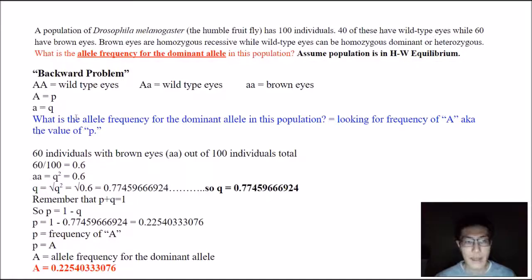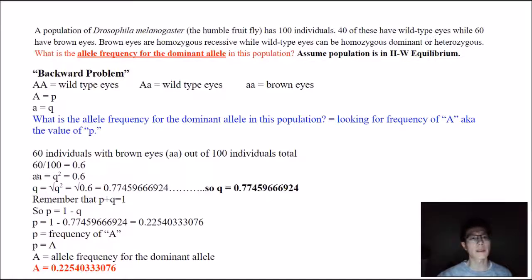So what is the allele frequency for the dominant allele in this population? This means you're looking for the frequency of A, aka the value of p. Remember, A equals p in our situation. So how do you do this problem? Well, first of all, you have 60 individuals with brown eyes, which means there are 60 individuals that are little a little a, out of a total of 100 individuals. So you can do 60 divided by 100 to get 0.6.